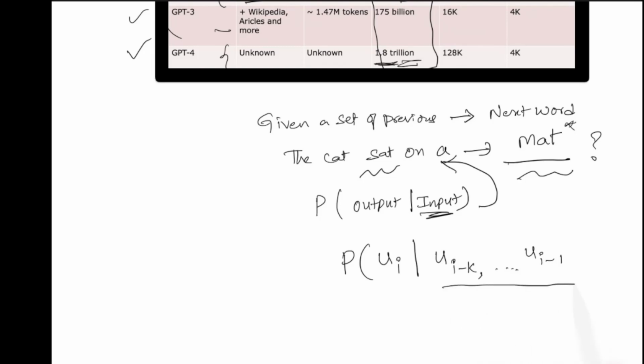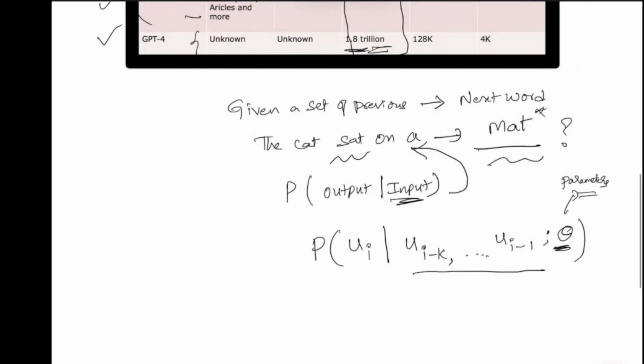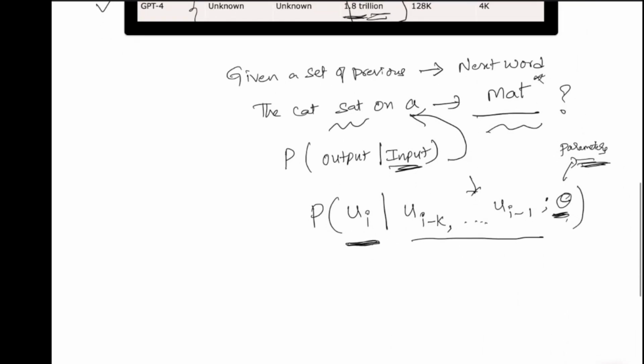You can imagine all of these previous words are conditioned on this thing called parameters, and this theta is what we call parameters. We'll understand more detail about it. Given a model with these parameters and given this input, what is my next output? That's the model objective. This has been the core model objective across all the GPT versions.